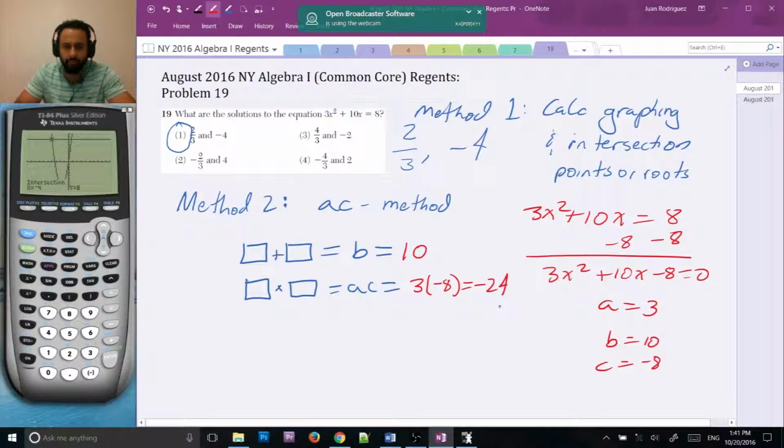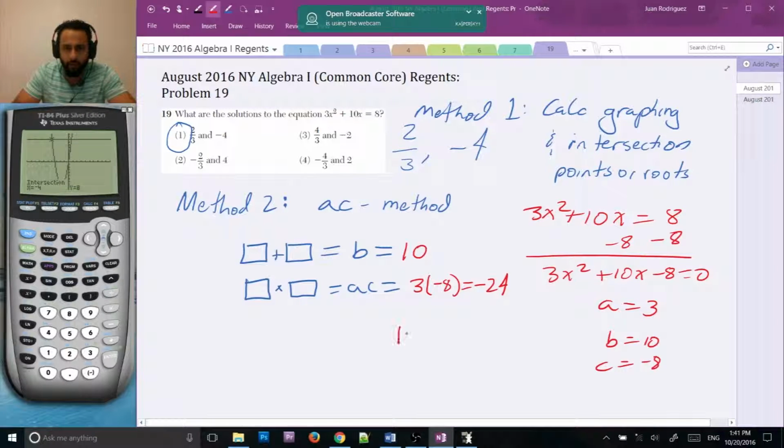I use what's called the factor rainbow for 24, because this really only works well if the numbers that we plug into this are integers. If they are not integers, then it gets really tough, and I wouldn't even recommend going this way.